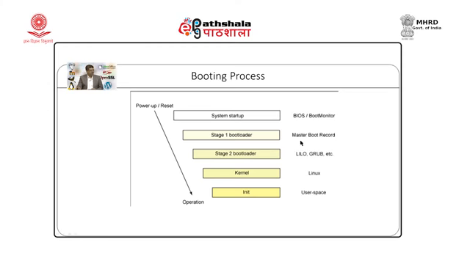There are 2 stages. The first stage will help you to select what kind of operating system you want to start. If it is dual booting, it will give you a screen with 2 boot options, and depending on the selection, a particular bootloader will be selected. At stage 2, these bootloaders are responsible for loading the Linux kernel in your RAM.